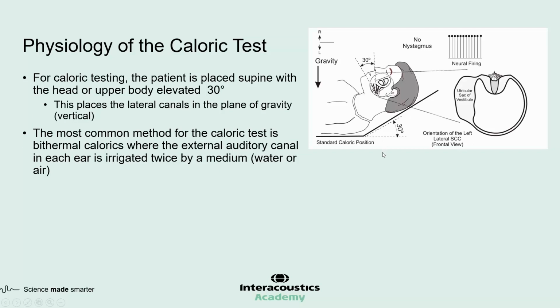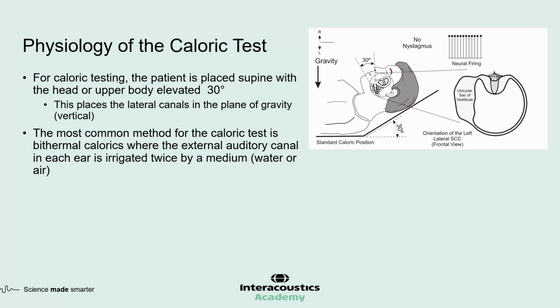If you look at the patient from the front, you see the orientation of the semicircular canal, in this case the left lateral semicircular canal here. When there's no irrigation, the neural firing from both the right and left ears are approximately the same, so there's no sensation of motion or any type of nystagmus in a normal individual.